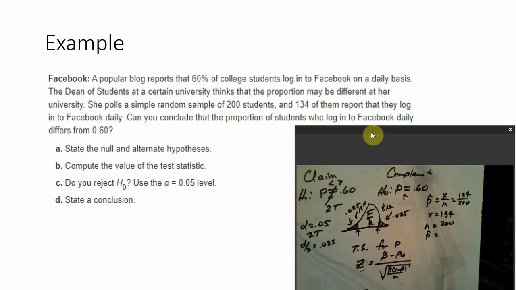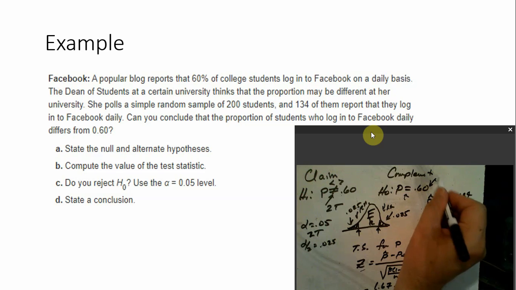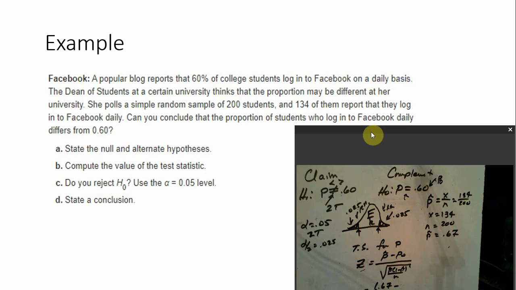That is 0.67, or 67% of those. Then they hypothesize that's the P0, so that number is P sub 0. So we do 0.67 minus 0.60.